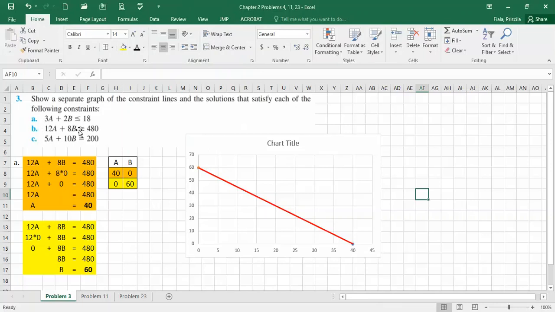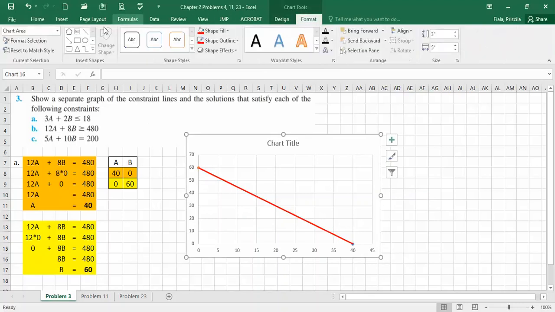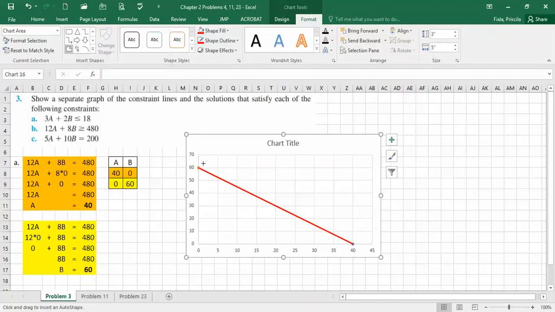It's saying to choose all the values higher or equal to, higher or equal to. So it goes further away from your line. So now we're gonna click again here, format, and we're gonna do a free form right here. So let's click here, and then I let it go.